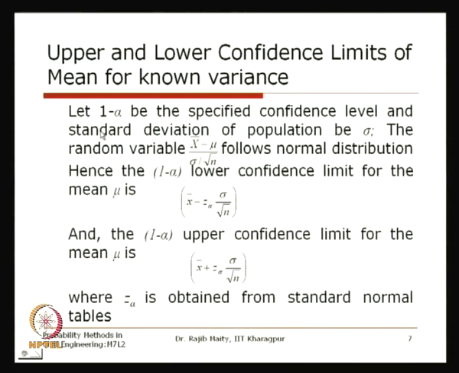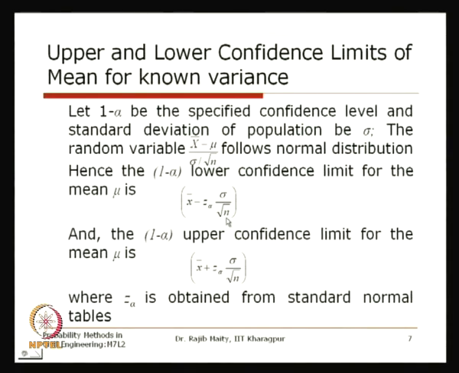Let 1 minus alpha be the specified confidence level and the standard deviation of the population be sigma. The random variable (x bar minus mu) divided by (sigma by square root n) follows the normal distribution. Hence, the 1 minus alpha lower confidence limit of the mean mu is x bar minus z alpha sigma by square root n.